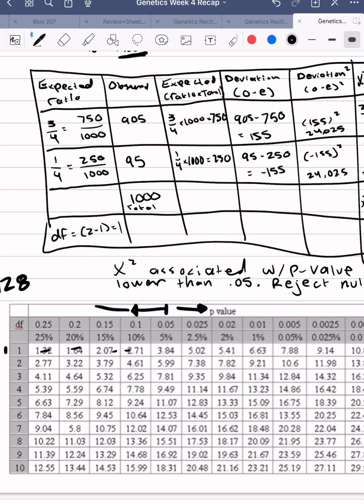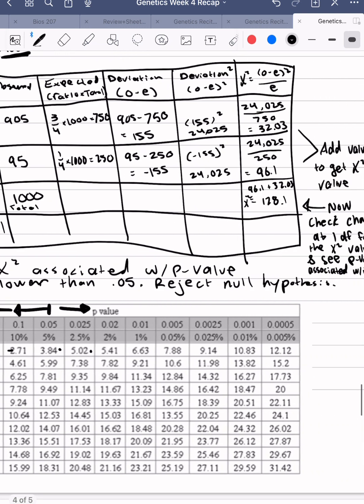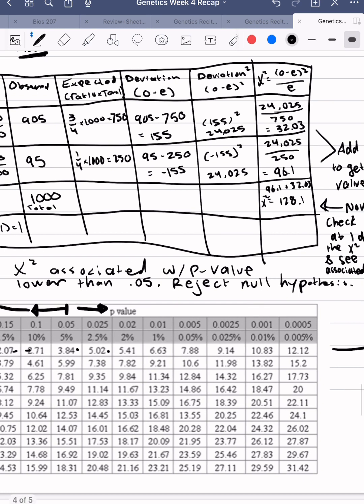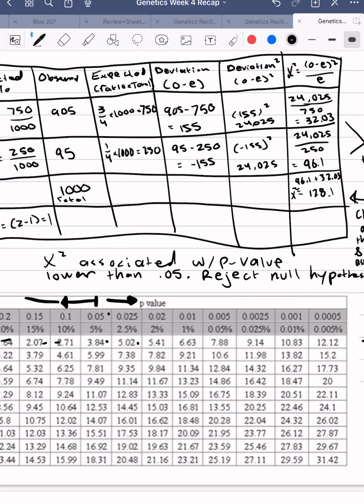Right here at 0.05 it's 3.84, and at 0.025, as it's getting smaller, it's 5.02. So this x-squared value would be somewhere all the way down here. So we know that the p-value associated with it would be smaller than 0.05, which means that we would reject the null hypothesis.